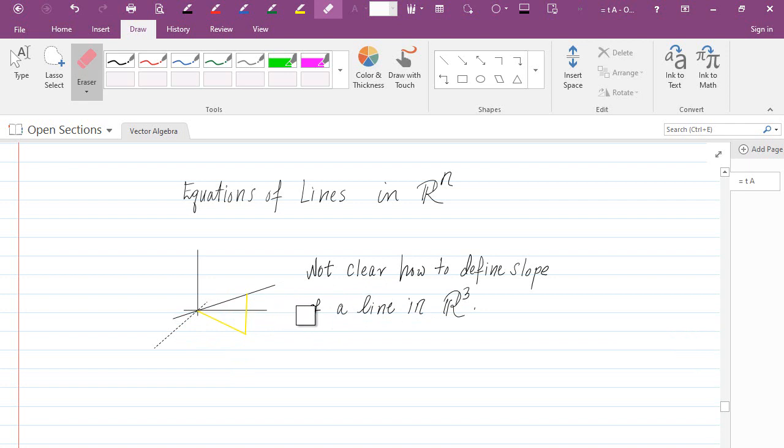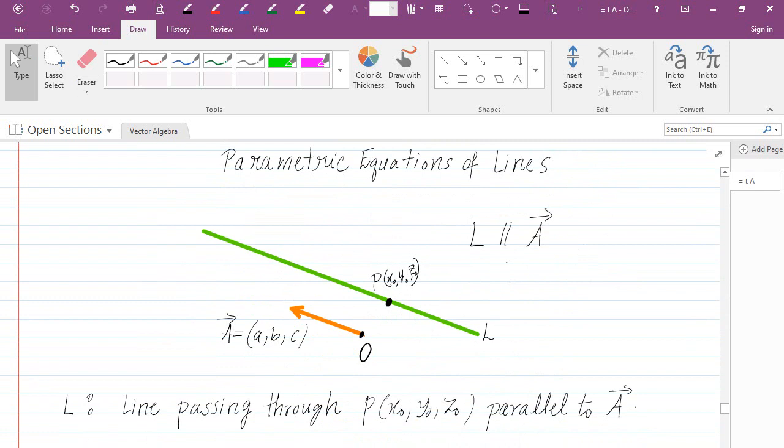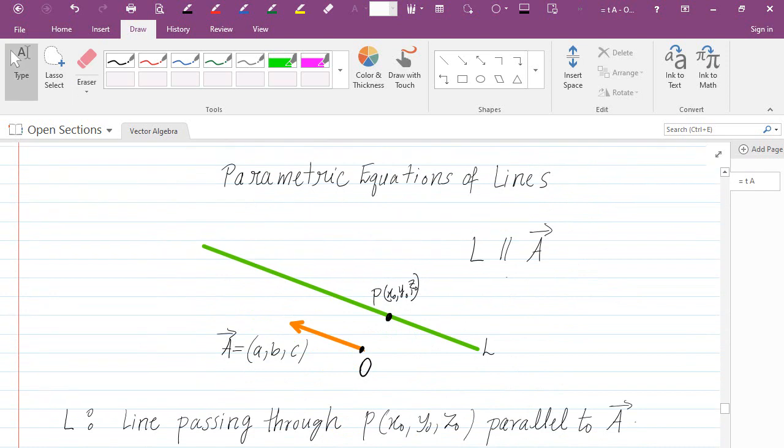We're going to parameterize a straight line, that is, we'll be looking at parametric equations of lines, which I'm going to be explaining now. So let's say we have a straight line L, and we have a vector A that is parallel to the line L, and we are also given a point P on the line L. So P has coordinates x0, y0, z0.